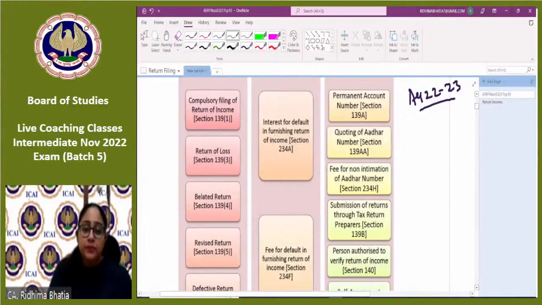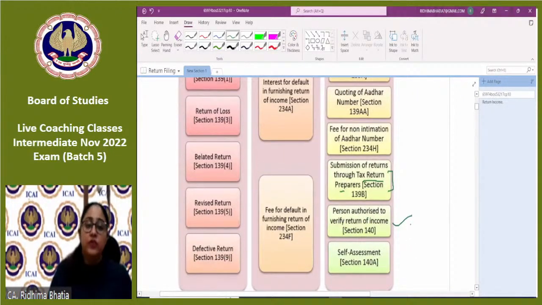Then there is how you file the return through a tax return preparer, who can verify the return of income, what is verification of the return of income, and ultimately who signs the return of income. The person who is filing it, obviously, but if he's not there, especially in the case of artificial persons or non-individuals, who will sign the return of income. And then there is self-assessment. Self-assessment is the tax which you ultimately pay during the assessment year.